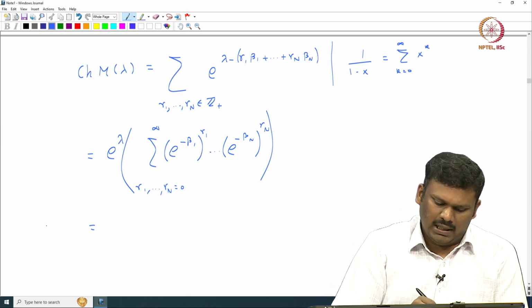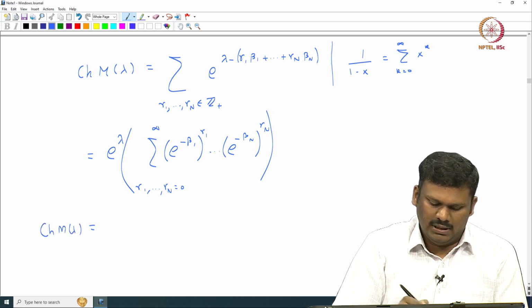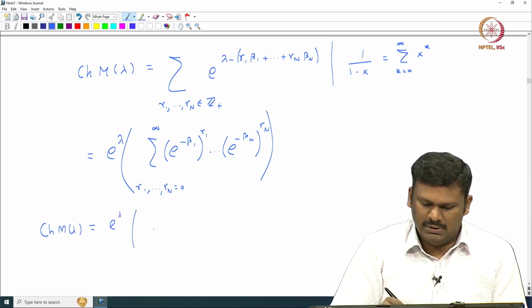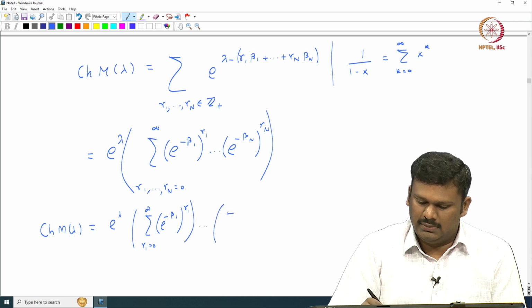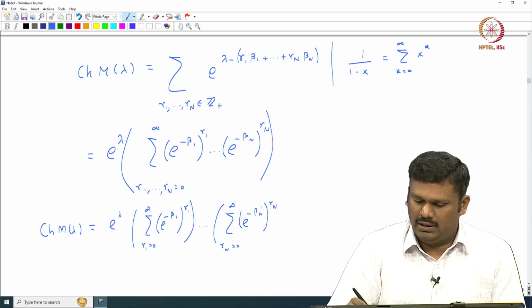So, the character of M of lambda becomes e power lambda times summation e power minus beta 1 power r 1, r 1 ranging from 0 to infinity, times etcetera times summation e power minus beta n power r n, r n ranging from 0 to infinity.